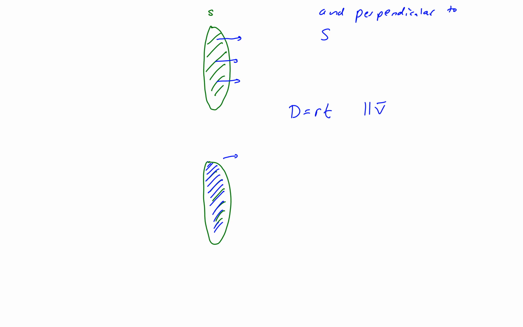And our rate here is the magnitude of v, which is just a constant. So if we flow for 1 second, this is going to go a distance of the absolute value of v. So that little piece of water will be down here, a distance of magnitude of v.